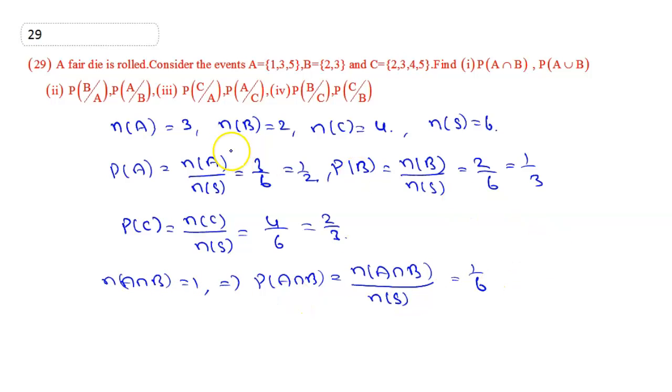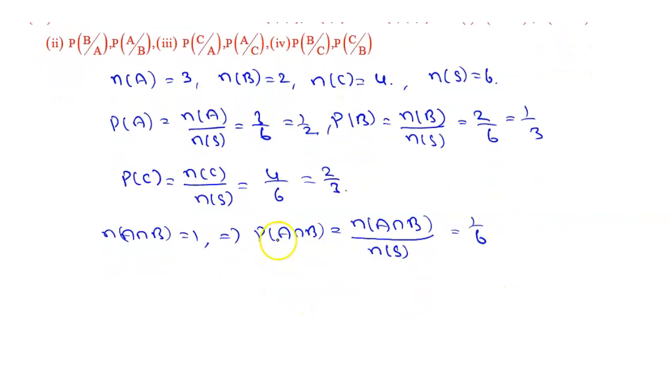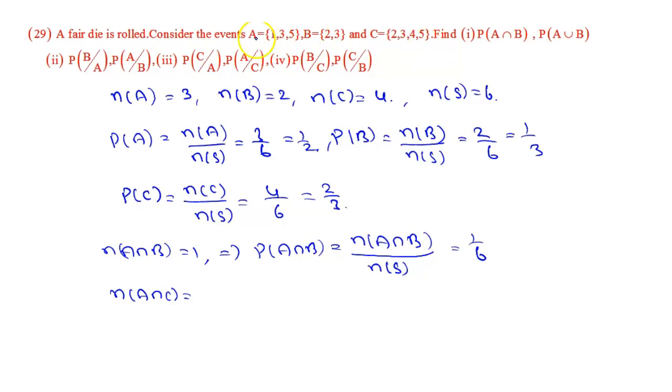Next AC, you need to find N of A intersection C. In A and C, 3 and 5... N of A intersection C is only 2, so P of A intersection C is equal to N of A intersection C by N of S, that is equal to 2 by 6, that is equal to 1 by 3.